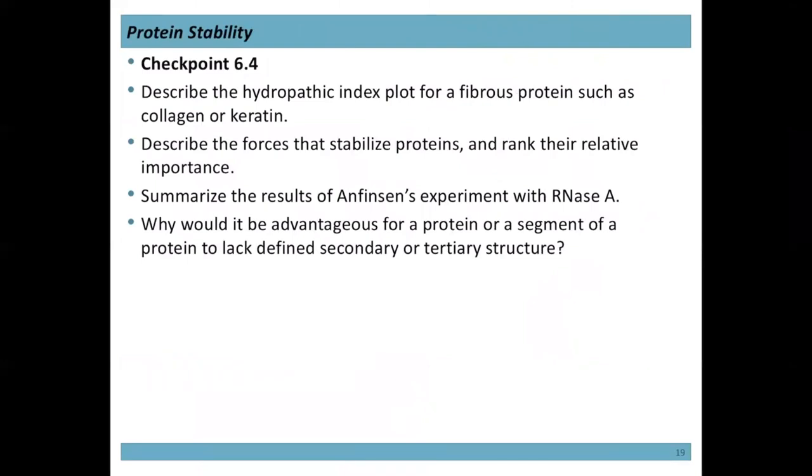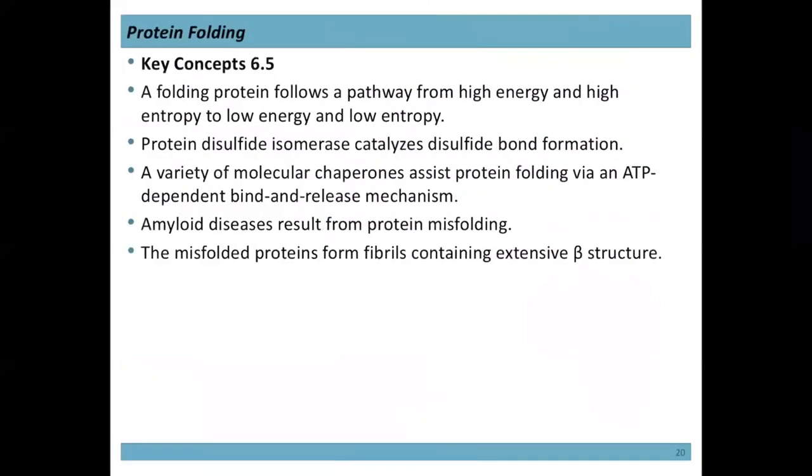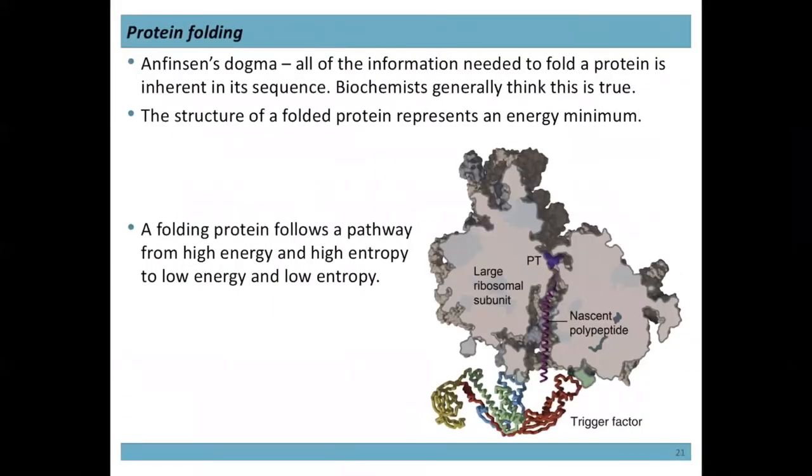And in the end, we just want to talk about protein folding. I mentioned a little bit about the protein folding, but we want to focus a little bit more on it. And why does a protein fold in a given way? So again, Anfinsen's dogma is all the information needed to fold a protein is in its sequence. And so biochemists think this is generally true.